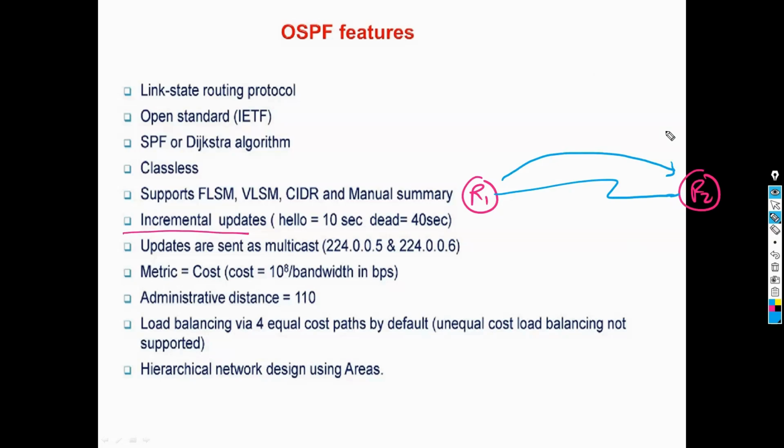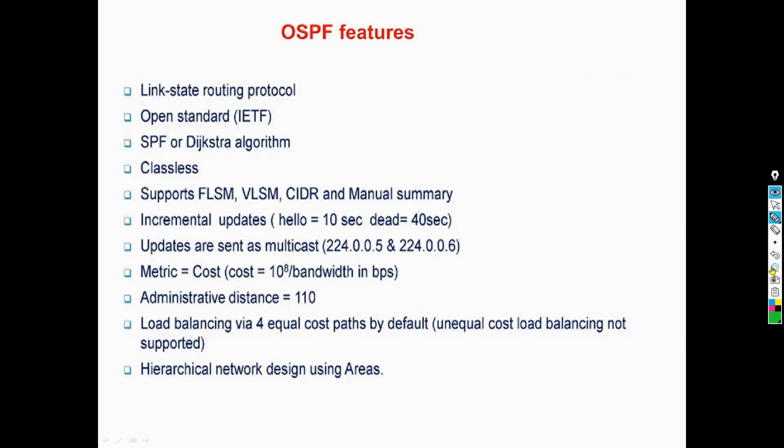Now, when there is a change, for example one network goes down, or one network comes up, whenever any change happens, R1 will update this information to R2. So it always sends incremental updates, not periodic updates.